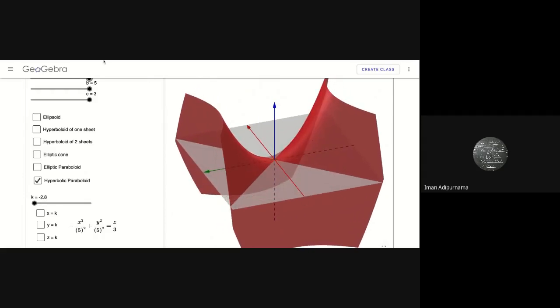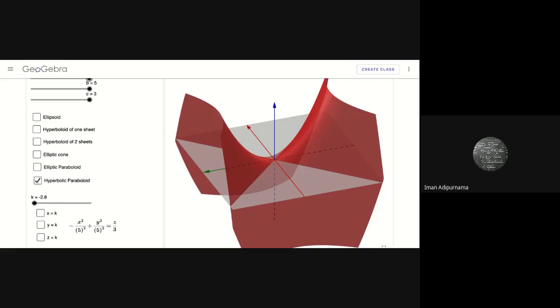So I hope you get my point, getting more understanding in the quadratic surface, and I hope you can check the quadratic surfaces by yourself.